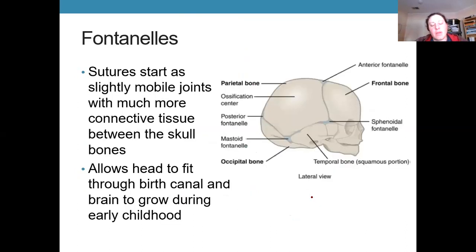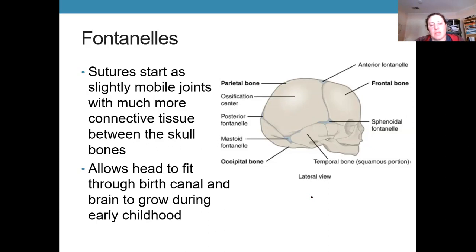Now, obviously, we don't have these tightly interlocking suture joints when we're born. So when we're born and we're much smaller, there are much longer collagen fibers connecting the bones of our skull. And we call those areas fontanelles or soft spots, because those are the parts that are not providing as much protection to our brain inside. And of course, this is necessary because, first of all, our heads don't always fit that great through the birth canal.